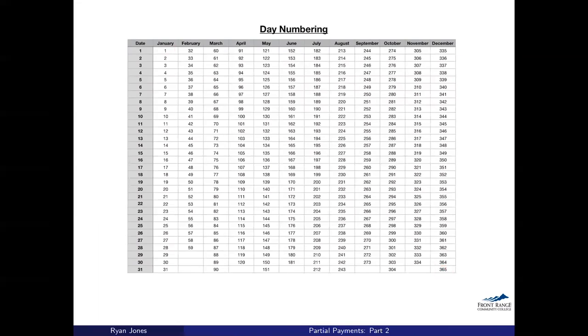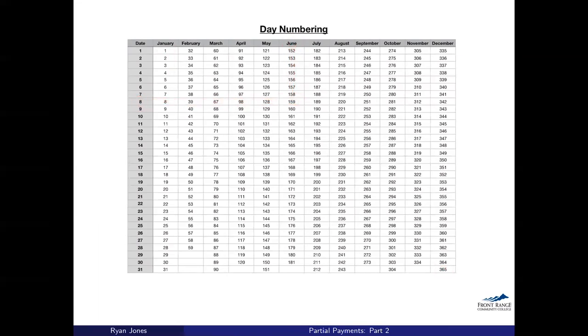But you could keep counting down the days until, say, June 8th. If I look at June and I look at 8 and I come down, that takes me to day 159. And so June 8th is the 159th day of the year.